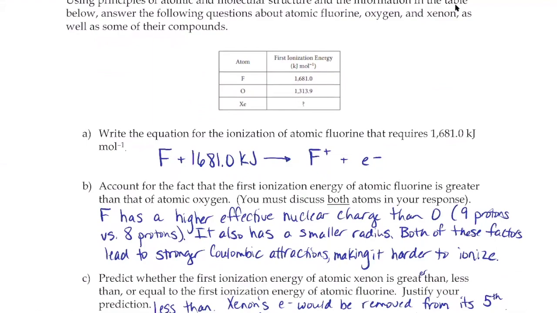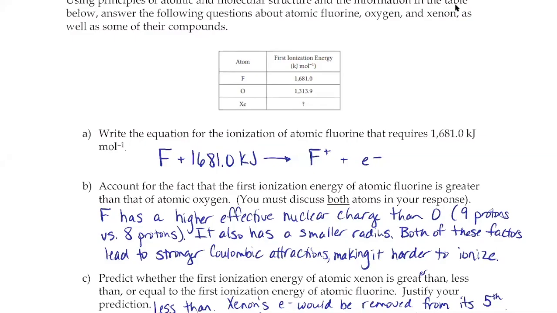But it's talking about ionization energy, which is how hard it is to pull an electron away from an atom. So we're not adding an electron onto fluorine, the atom, to turn it into fluoride, the ion. We're taking an electron away from a neutral fluorine atom to turn it into an F plus ion, which is kind of strange.